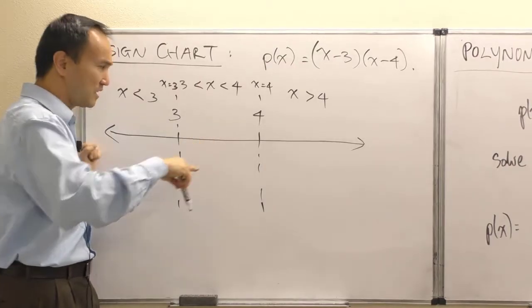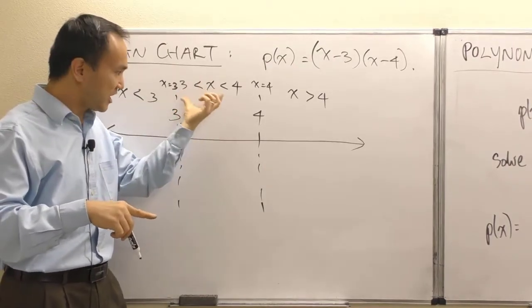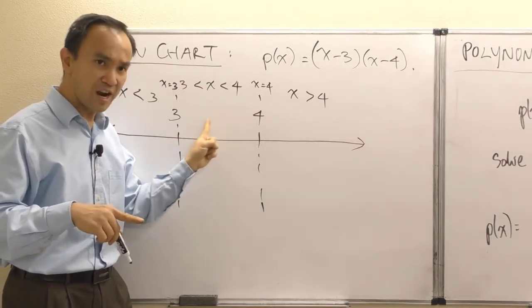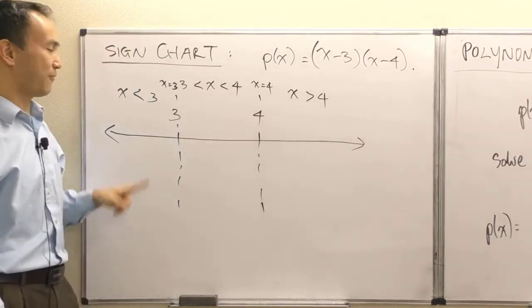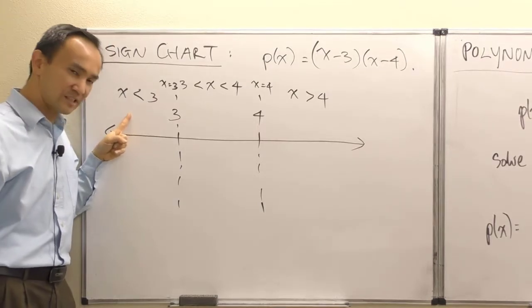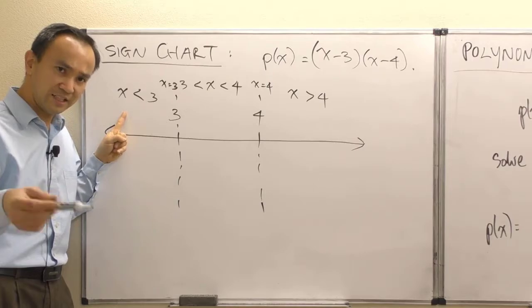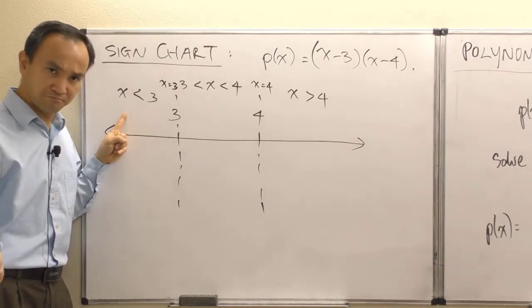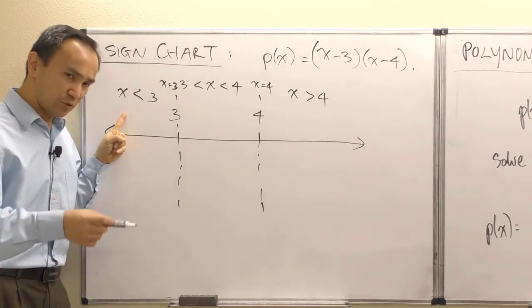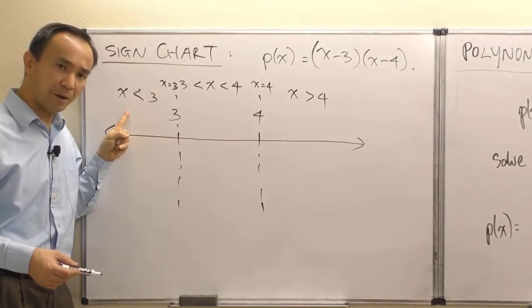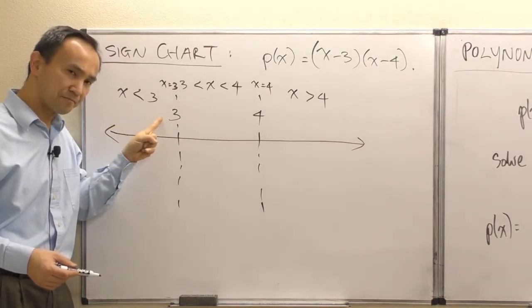The only thing is, in each interval you pick a value that falls inside of the current interval you're at. Say, for example, in the first interval, x is less than 3. Let's pick a value of x less than 3. 2 works, x equals 1 works, x equals 0 works, any negative number works, because all we need is a number less than 3.